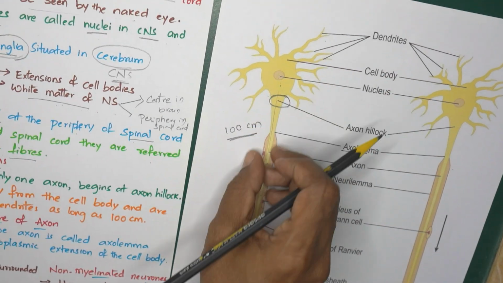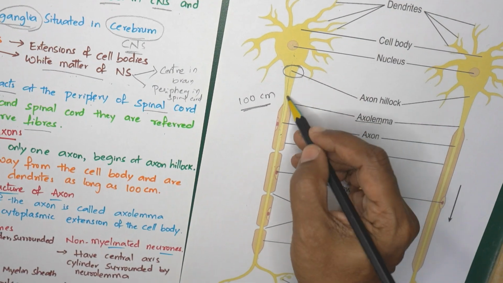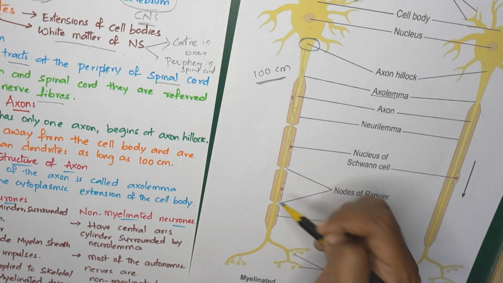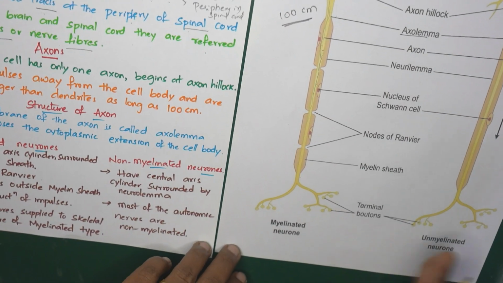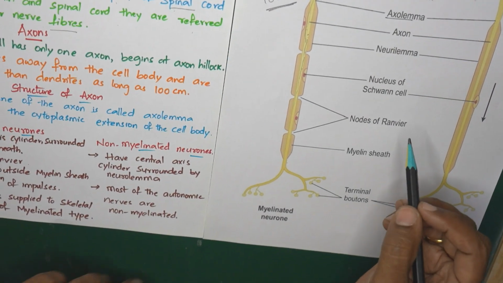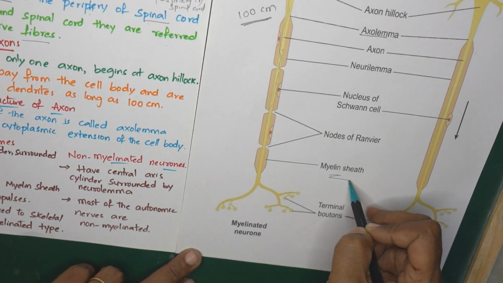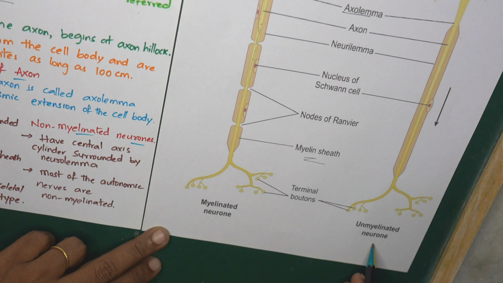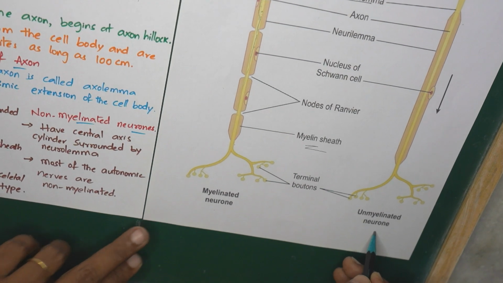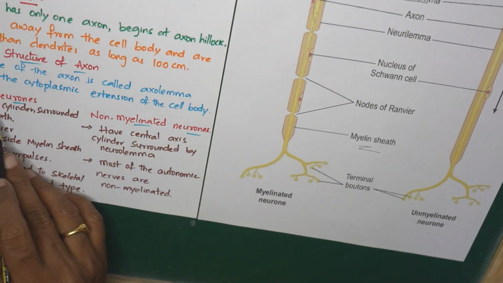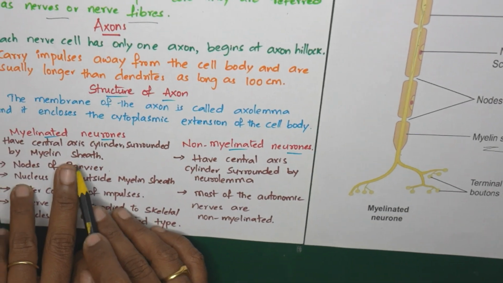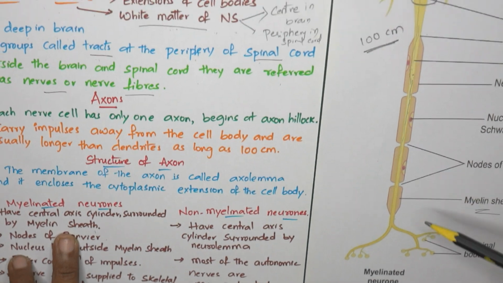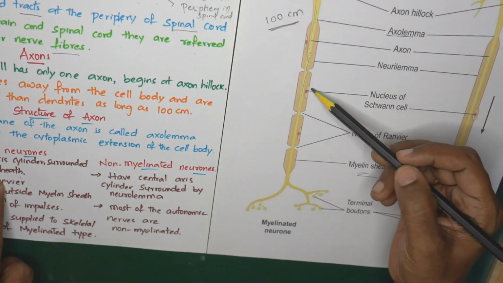The cytoplasmic extension of the cell body is present inside the axon. And in the axons, based upon the presence of the myelin sheath, they are classified into two types: myelinated neuron and non-myelinated neuron. Here you can see the myelinated neuron is surrounded by the myelin sheath. See here, this is the myelin sheath.